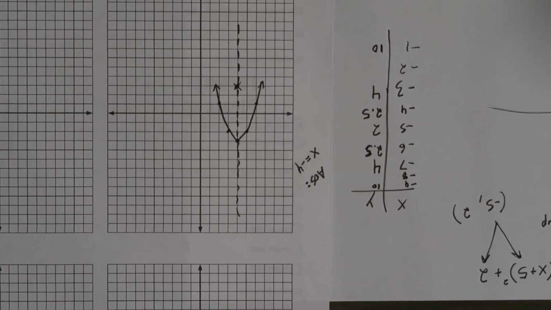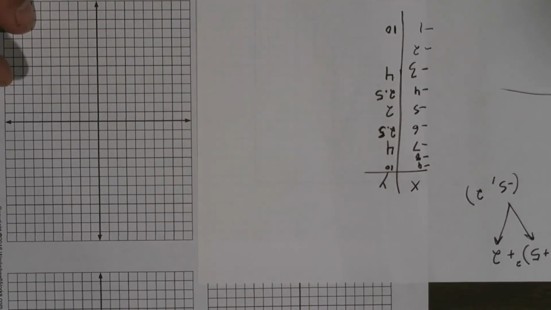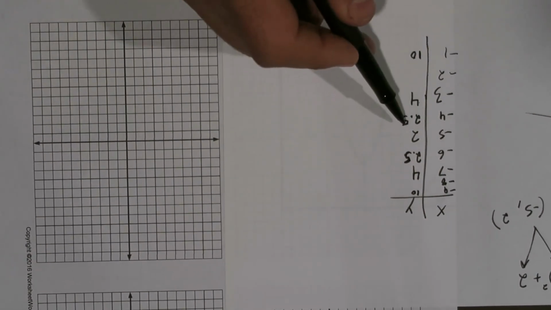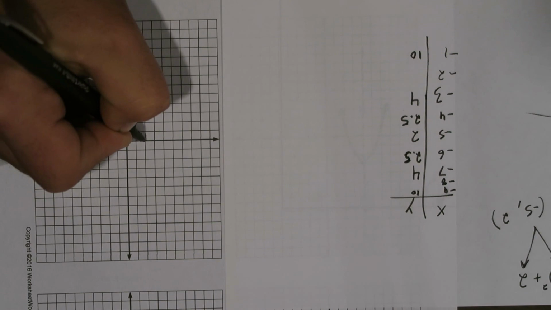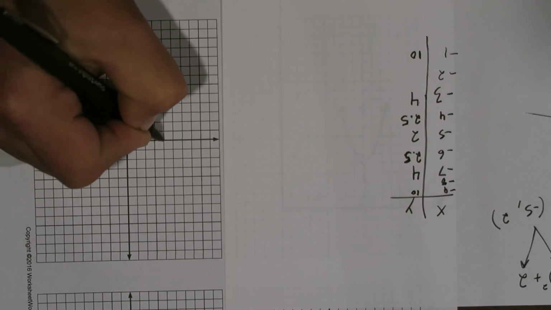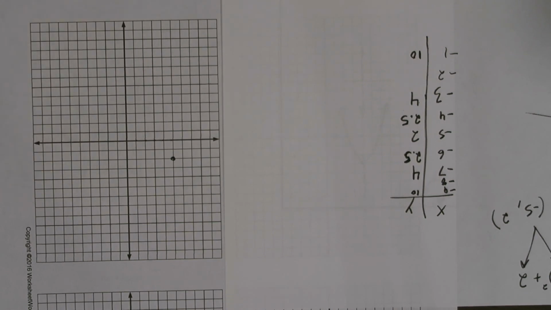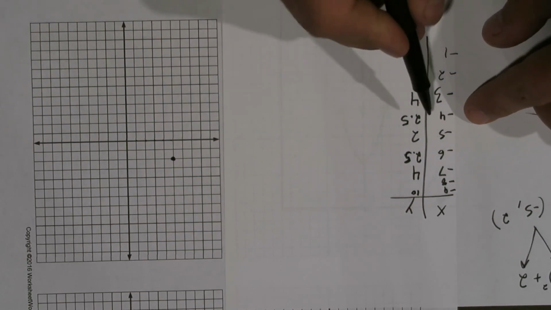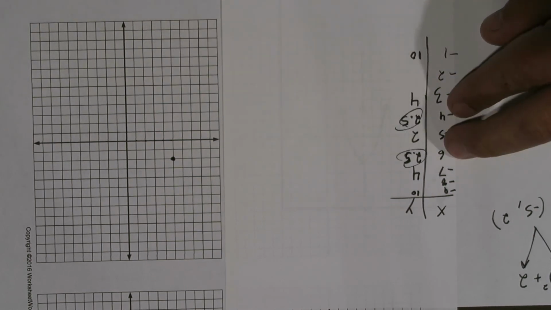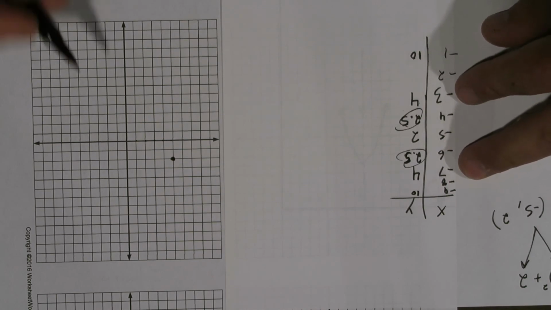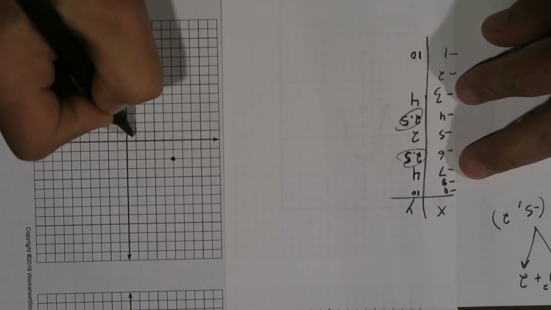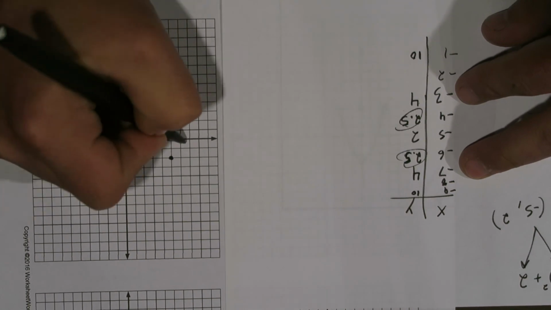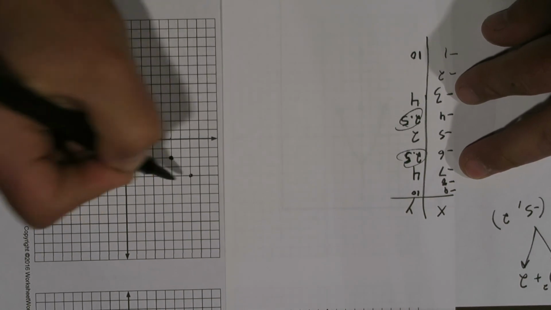So let's see. Our vertex is at -5, 2. 1, 2, 3, 4, 5, 2. Then we have these 2 points here, but because of that 2.5, I'm just going to skip those and jump to these next points. So we have -7, 4. 1, 2, 3, 4, 5, 6, 7, and 4. That's right here.